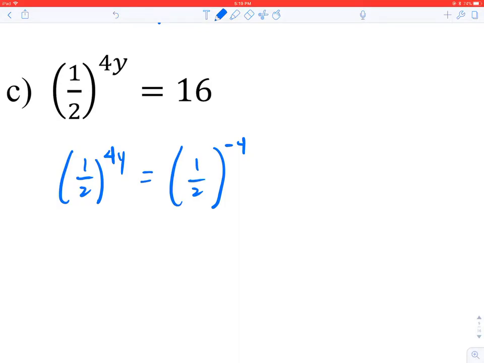Yeah, because that would be 1 over 2 to the negative 4th, which would be 16. So then we have 4y equals negative 4, y equals negative 1.